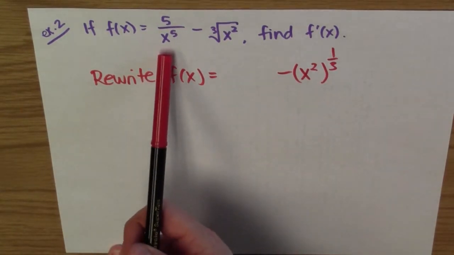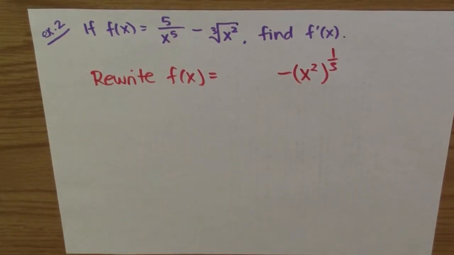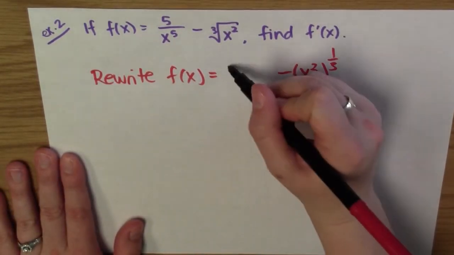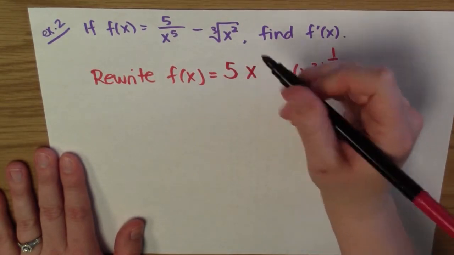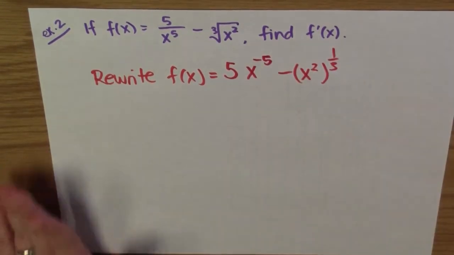Here, in this case, I remember that powers of x in the denominator of a fraction can be moved up to the numerator as long as I change the exponent from positive to negative. So I can rewrite this first term as 5x to the negative 5th.